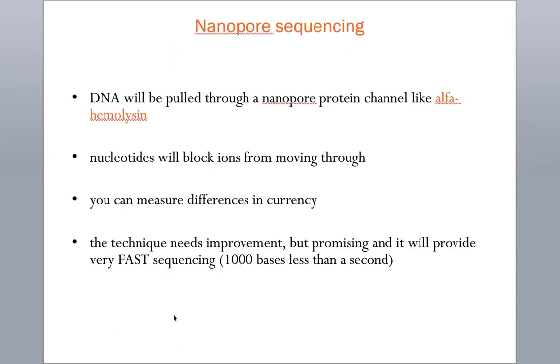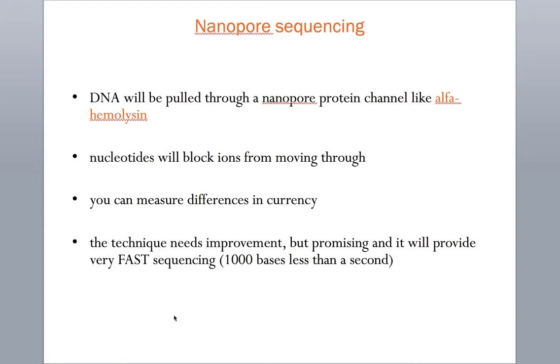The other promising technology is called nanopore sequencing. So what you do in nanopore sequencing, you take your DNA and you pull it through a nanopore protein channel like alpha hemolysin. What happens when you pull your DNA through this channel is the nucleotides will block ions from moving through, so you can measure the differences in the current. The technique still needs improvement, but the last time I heard, they now have some alpha or beta testers.